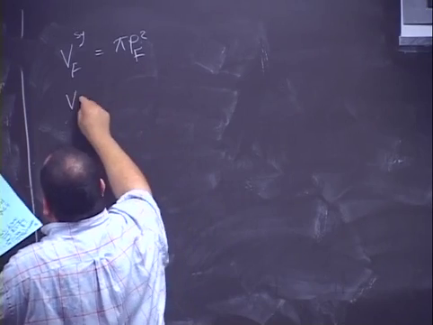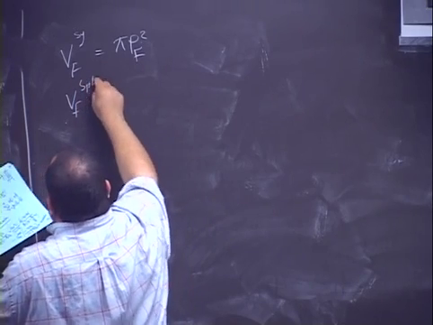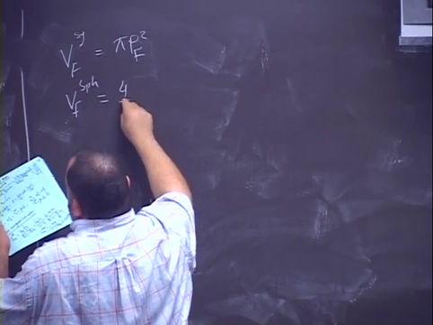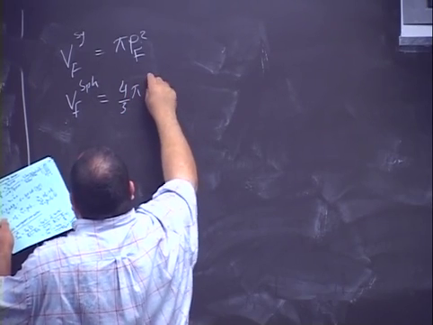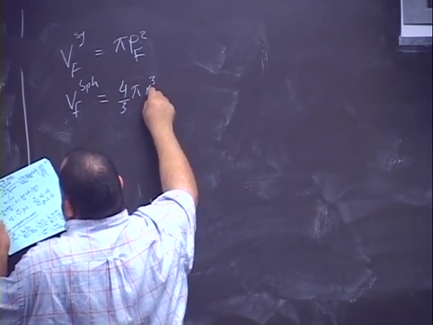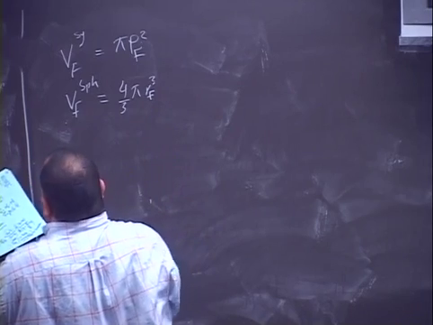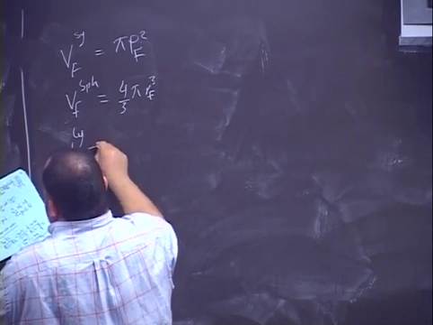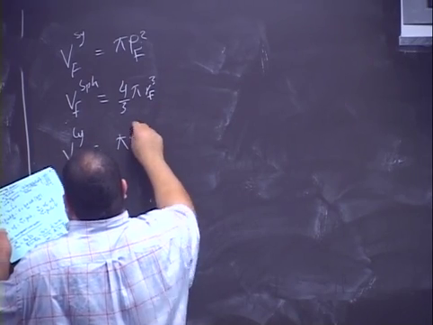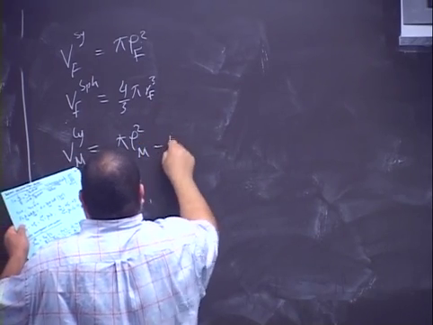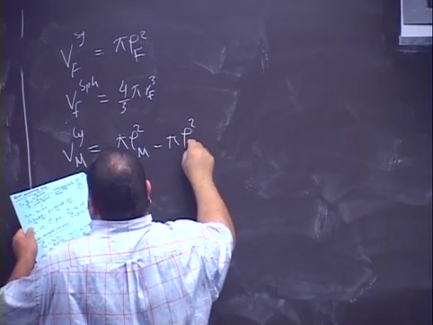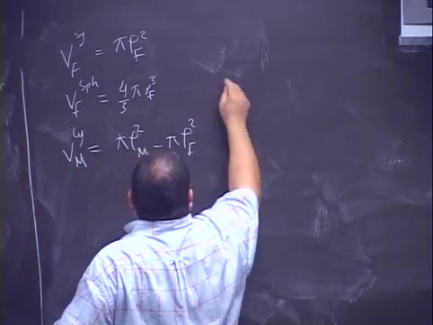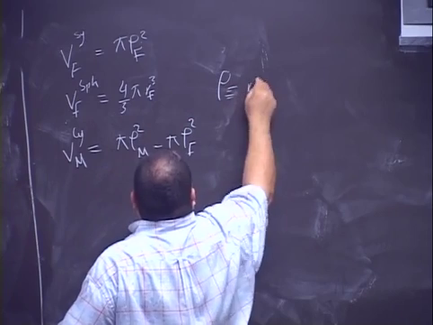For a sphere, VF will be equal to 4 over 3 pi r cubed F. The volume of the moderator for the cylinder will be just pi rho square moderator minus pi rho square fuel, rho being the radius.